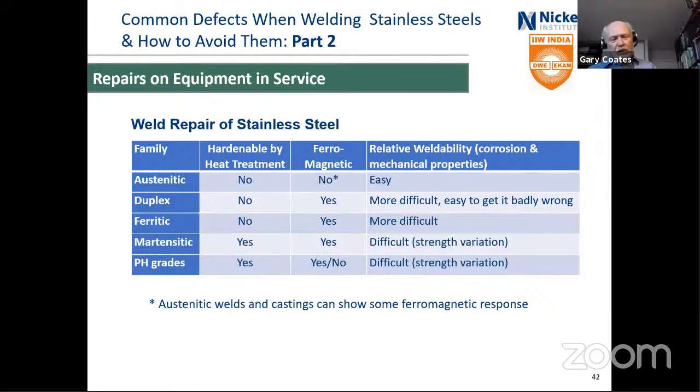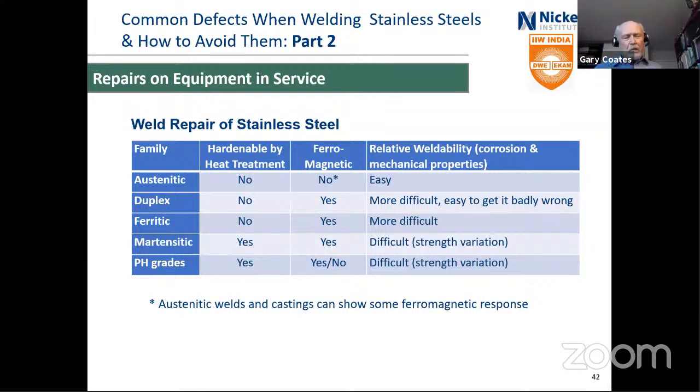And of course, some people are confused. Most plates and wrought material are not ferromagnetic at all. They might have a tiny bit of response to a magnet, but not enough for the magnet to stick on them. But welds and castings, because they have a higher ferrite content than the wrought material, will be much more ferromagnetic, and the magnet may even stick to them.